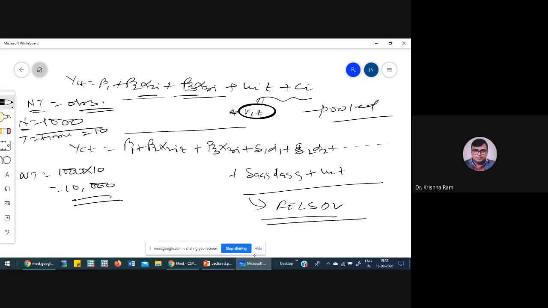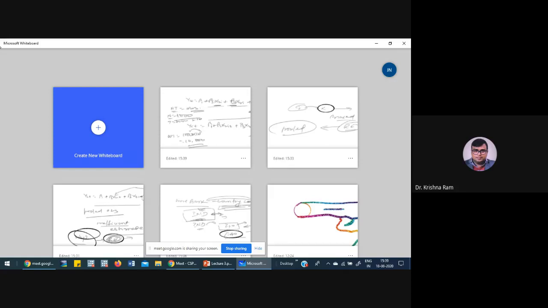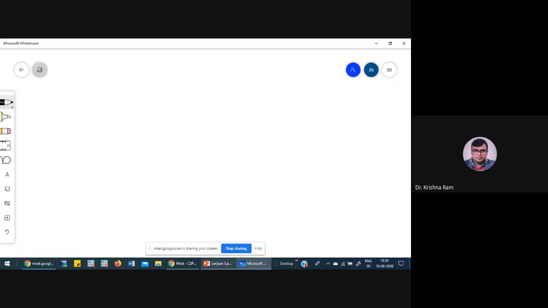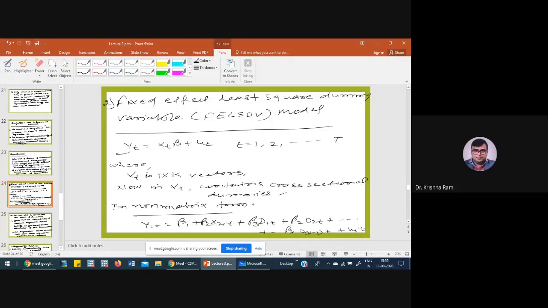So the latter one is a fixed effect least square dummy variable model. To differentiate between the pooled and fixed effect least square dummy variable, here you are adding a cross-sectional dummy variable. So with 1000 cross-sectional units, we use one less dummy, 999 dummies. So the base dummy is one of the 1000 cross-sectional units.